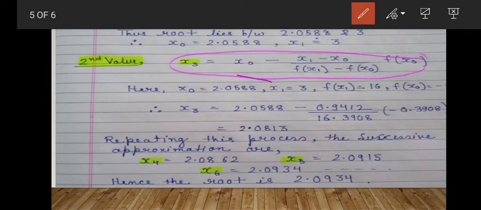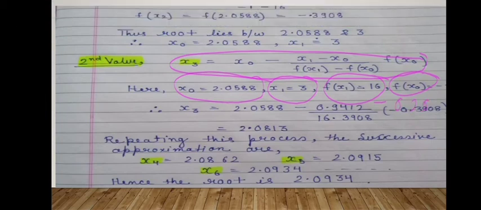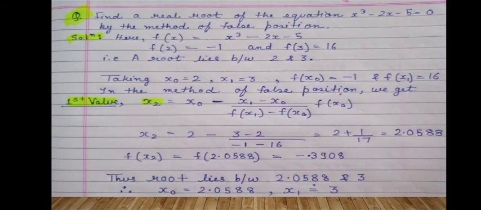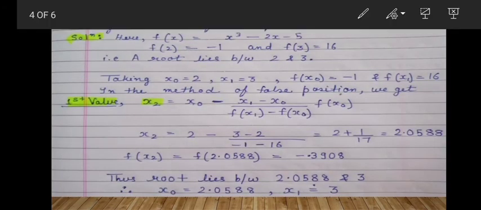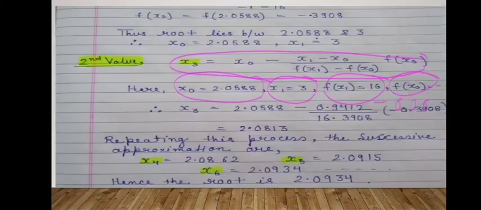Now my x0 changes to this. x1 is 3, f(x1) is 16 only, and f(x0) is what we have calculated, minus 0.3908. So in the next slide, f(x0) is minus 0.3908.